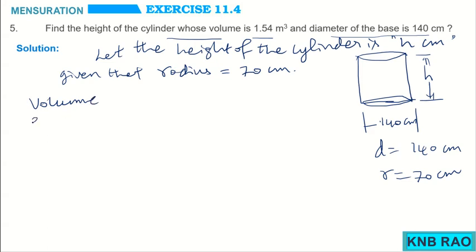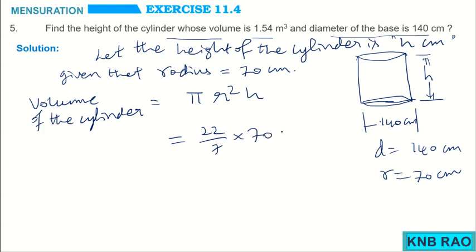You know the volume of the cylinder is found with the formula pi r square h, and I know R, I need to find h. So 22 by 7 into 70 into 70 into h equals 1.54 meter cube, but I have to convert meter cube into centimeter cube.